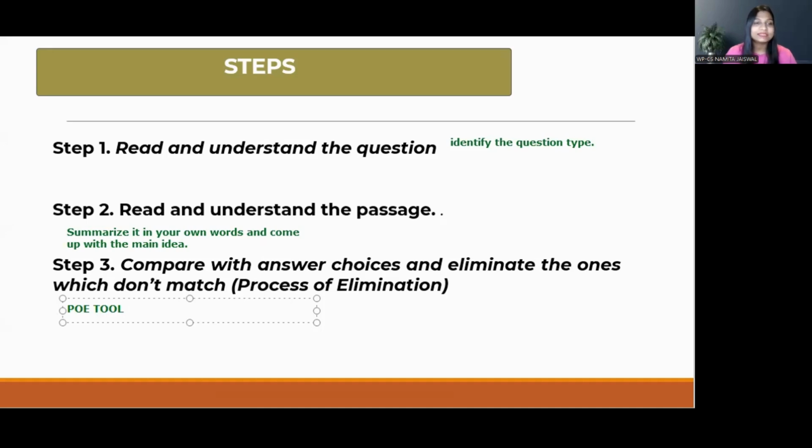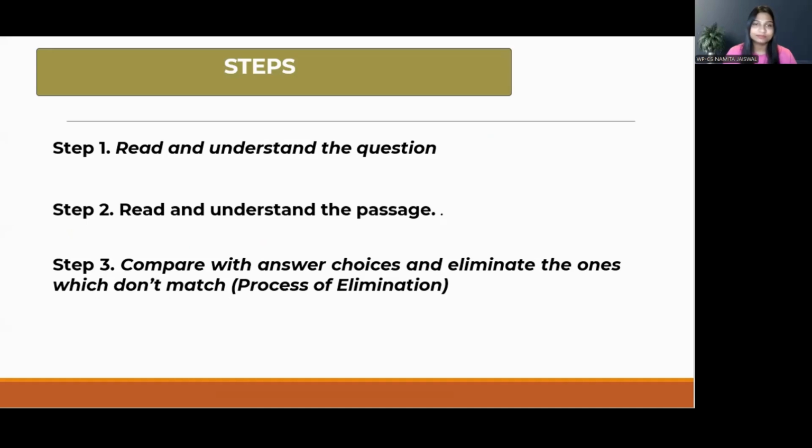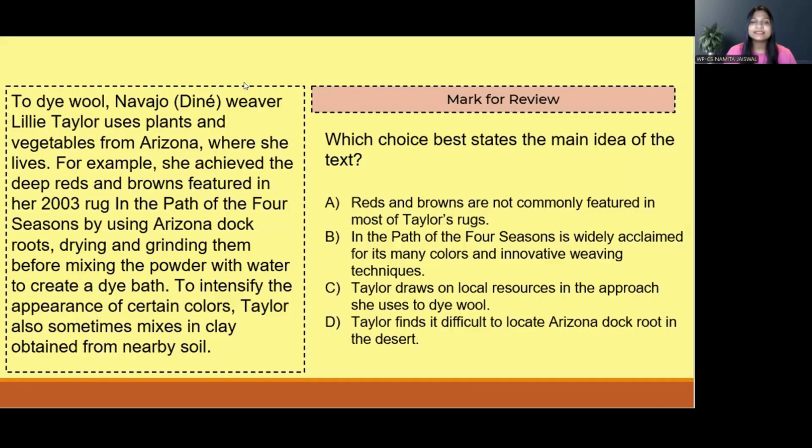Now, let's move ahead. Let's practice an exercise. This exercise is given to you, as you can see on my screen. On the left side, you have the passage, and on the right side, you have the question along with the options. You have to read the options and select one best answer. Because this is a main idea question, when you're reading the entire portion, you have to come up with a sentence that is talking about the entire paragraph.